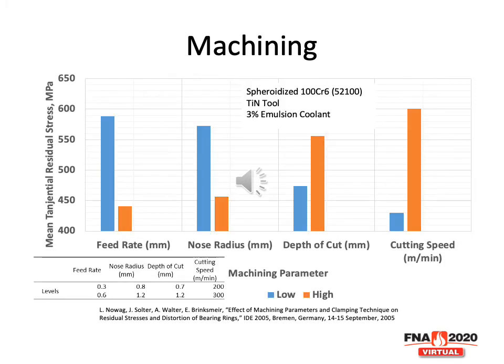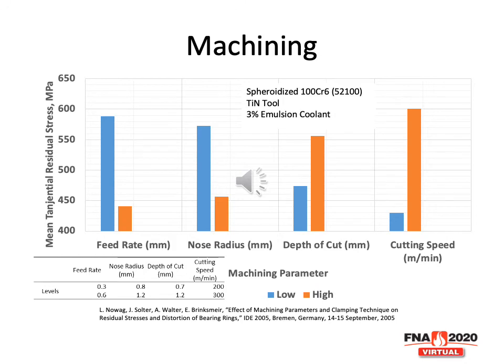The machining practices also play a part in the amount of residual stresses that are present in a steel. In a very simple DOE that was done by, again, Noack, Zoller, Walter, and Brinksmeier, presented at IDE Bremen in 2005, it showed that high feed rates with a tight nose radius, different depths of cut, and fast cutting speeds all contributed to the differences in residual stresses.